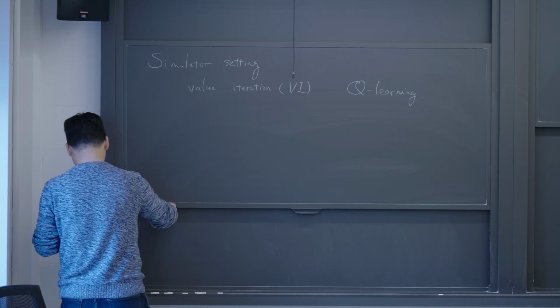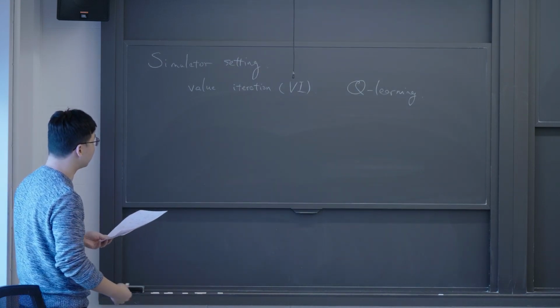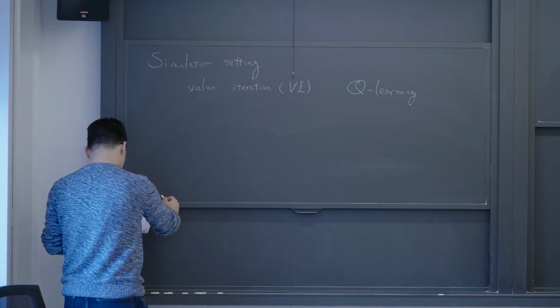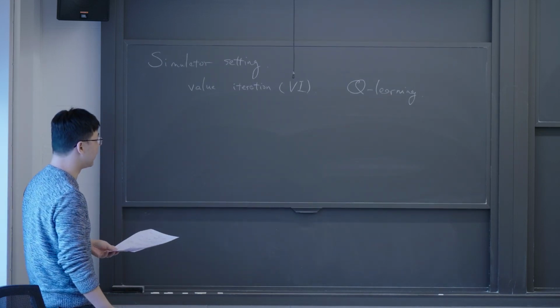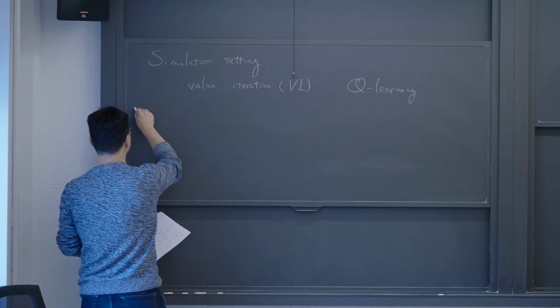So today we will be a little bit more concrete on the Q-learning algorithm, and we will talk about the results we can get for Q-learning. So we'll talk about the formal algorithm.